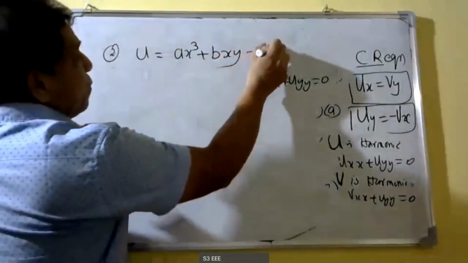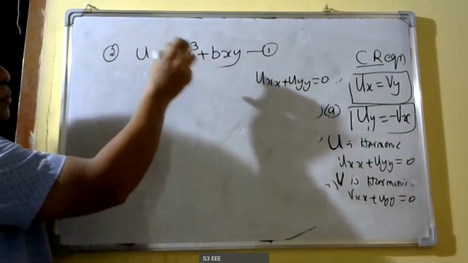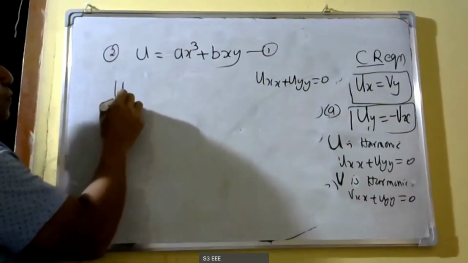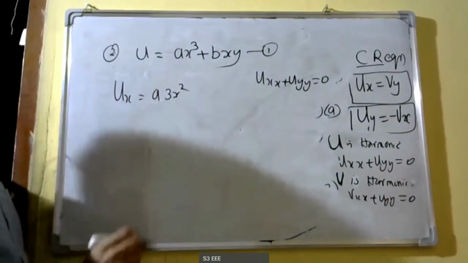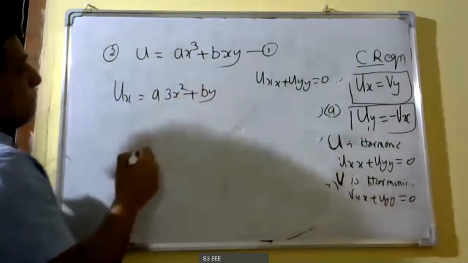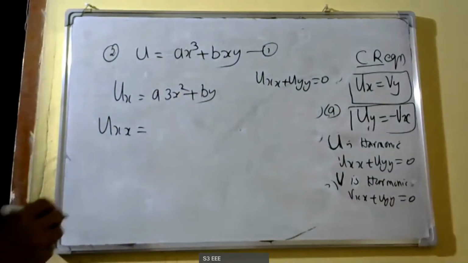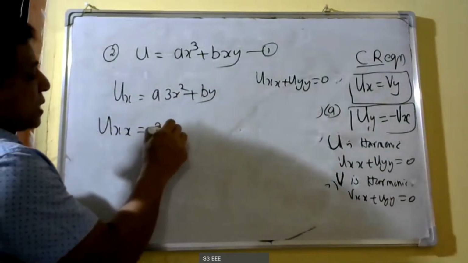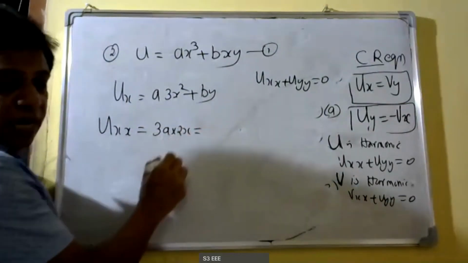Partially differentiating with respect to x, ux is a into 3x square plus by. Then uxx is equal to 3a into 2x, that is 6ax.